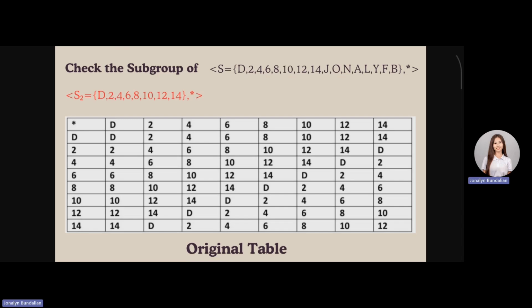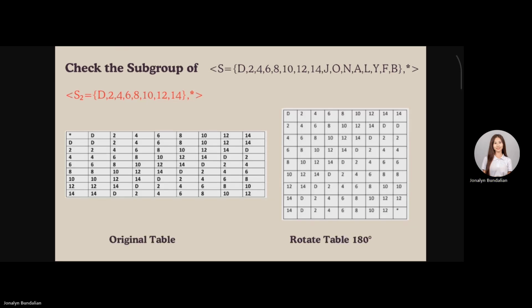So first, let's check the subgroups of S is equal to D, 2, 4, 6, 8, 10, 12, 14, J, O, N, A, L, Y, F. Let's check S sub 2 is equal to D, 2, 4, 6, 8, 10, 12, 14. So this is our original table.